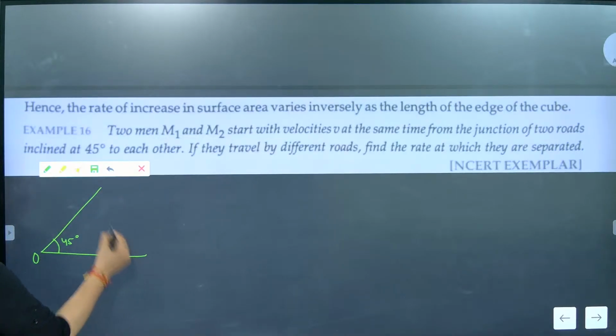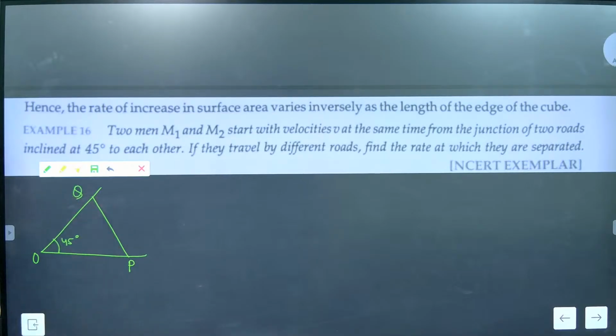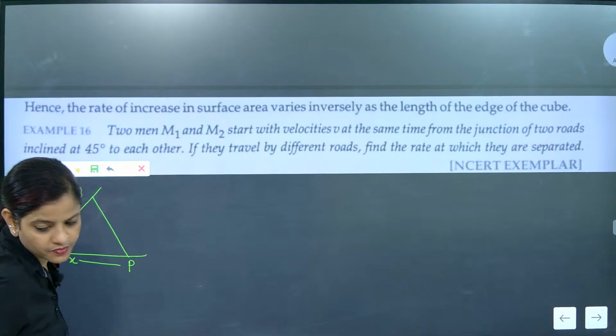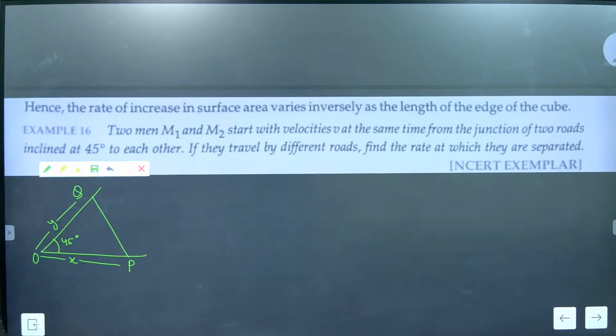So after some time, at time t, the first man is at point P and the second man is at point Q. The first man has covered a distance x, the second man has covered a distance y. Is it correct?